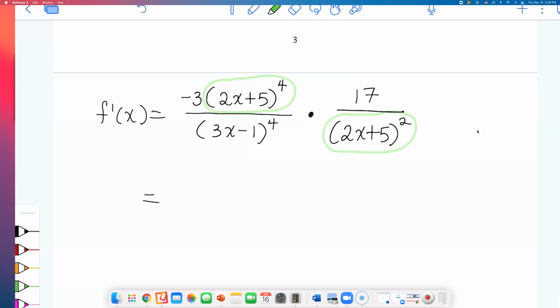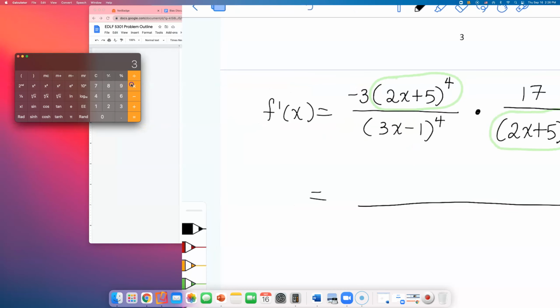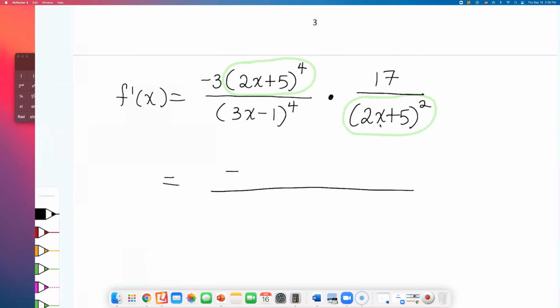So when I simplify this, I can multiply the numbers. Let me do 3 times 17 first. 3 times 17 is negative 51. In the parentheses, I will have 2x plus 5, but raised to the second power.